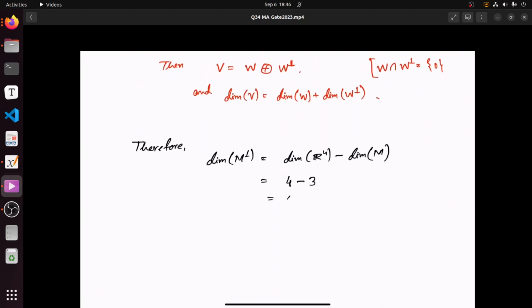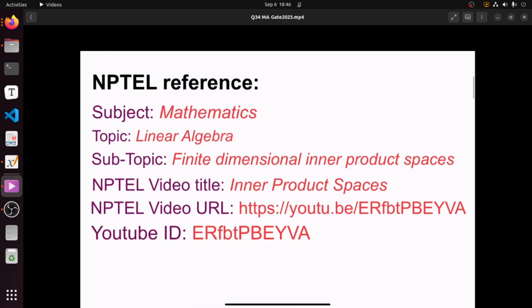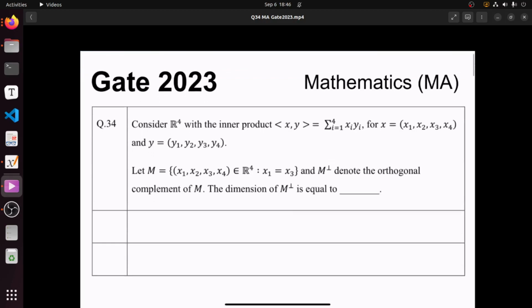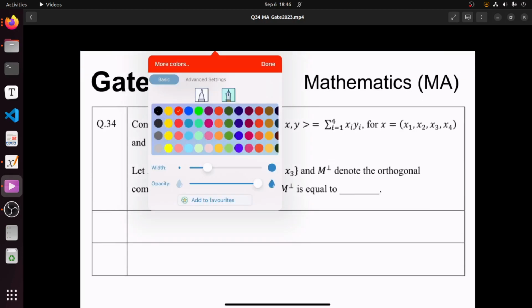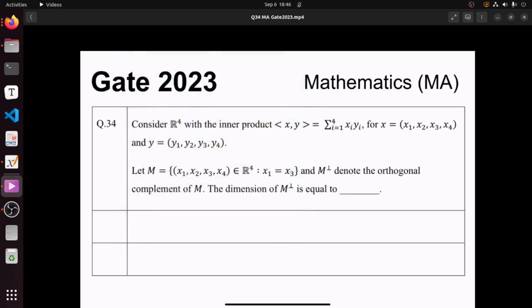So we have got that the dimension of M perp is 1.